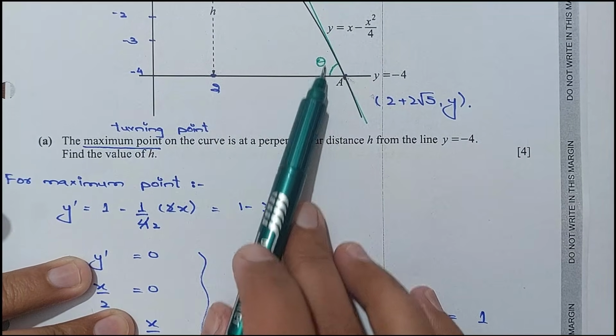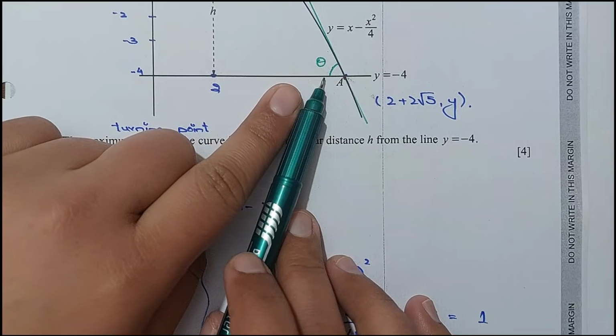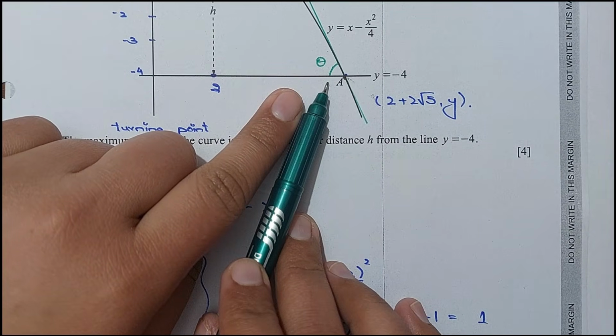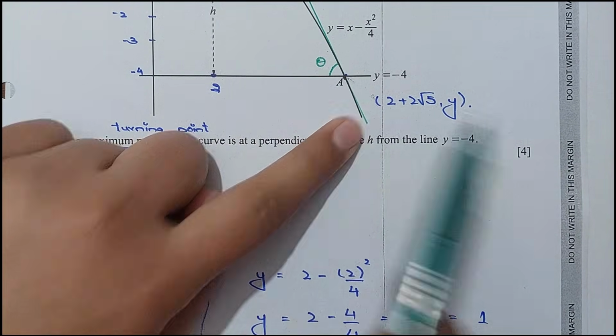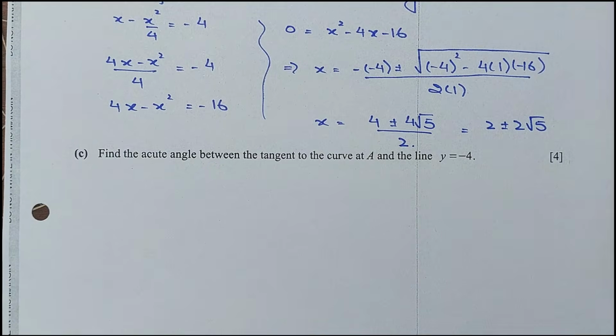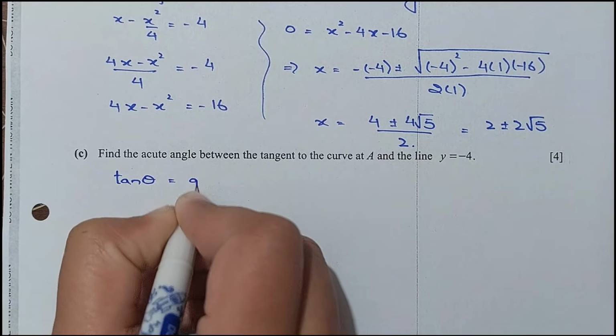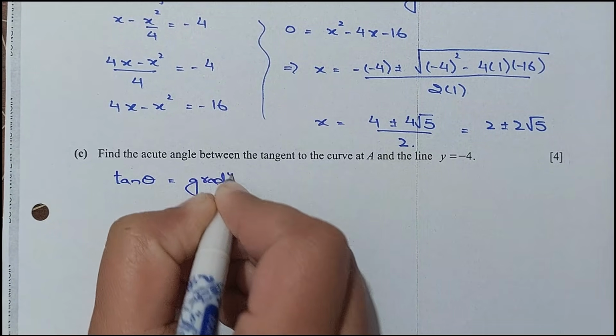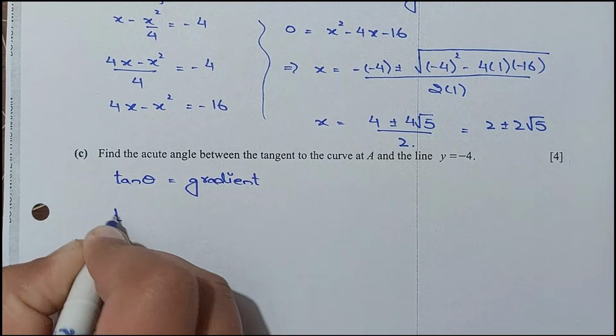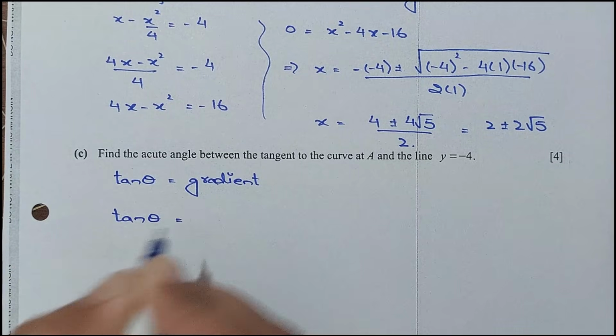So tan theta is always equal to the gradient of the curve at this point, right? Okay, so we can say tan theta is equal to the gradient.